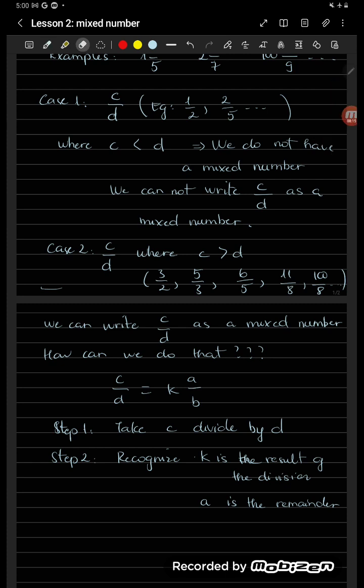Oh, sorry, maybe I changed something. We will not say k is the result. We say k is the quotient of the division, a is the remainder, and b is the divisor.